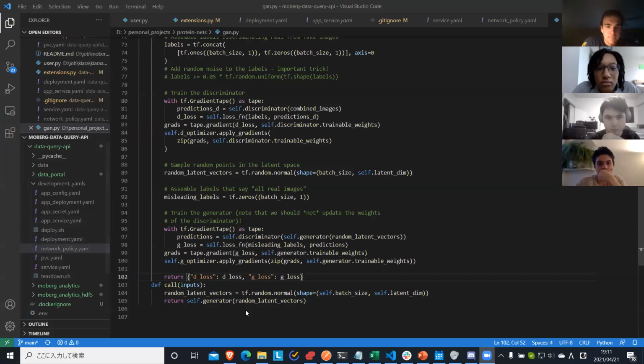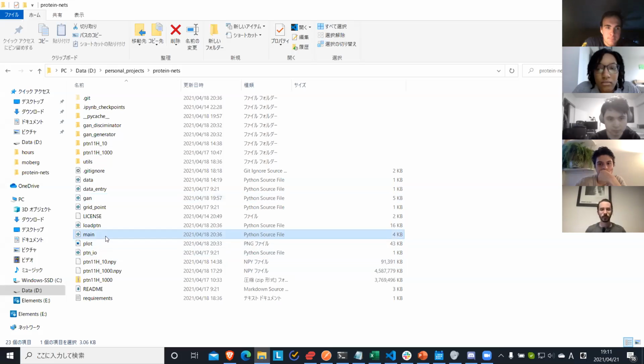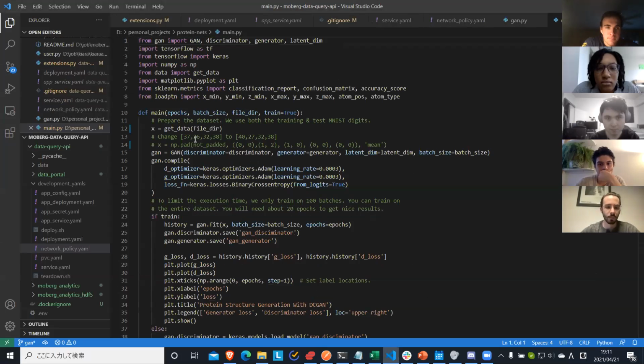Oh, I forgot to mention. One reason I think it performed poorly too was, oh, not here. Okay, so we originally got data within this range, but I modified the generator to generate these kinds of sizes, basically because it's easier to do convolution that way.